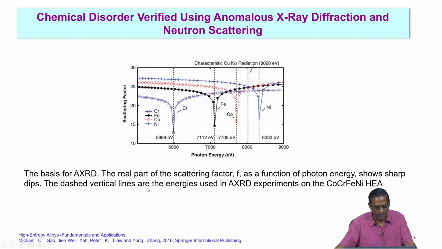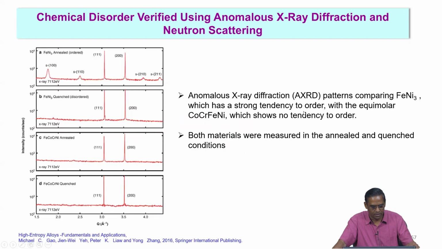The dashed vertical lines are the energies used for anomalous XRD experiments on the cobalt, chromium, iron, nickel high entropy alloy. And how does this compare with the result? Anomalous X-ray diffraction patterns compare iron nickel, which has a strong tendency to order, with the equimolar cobalt, chromium, iron, nickel, which shows no tendency to order.